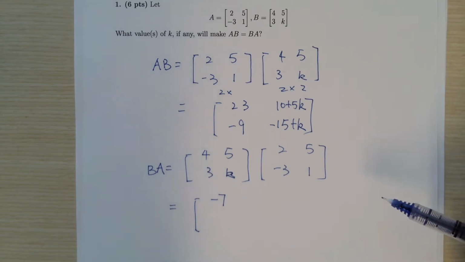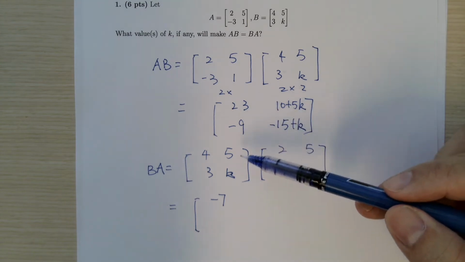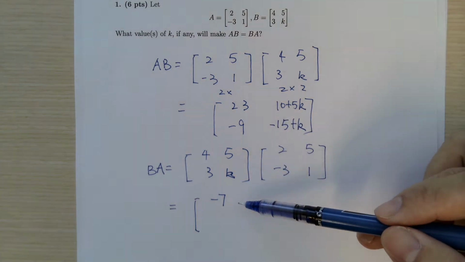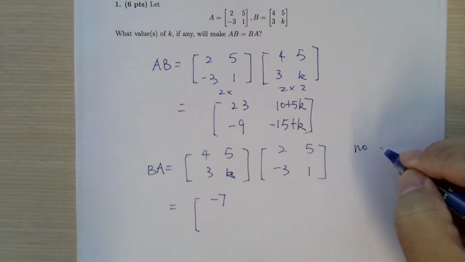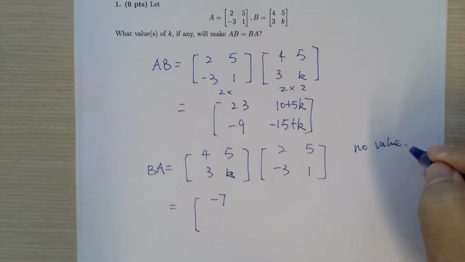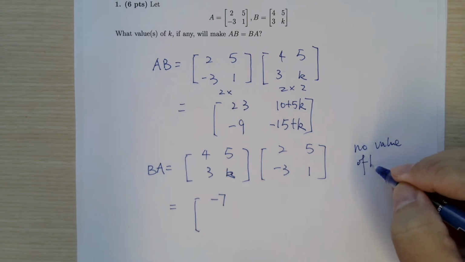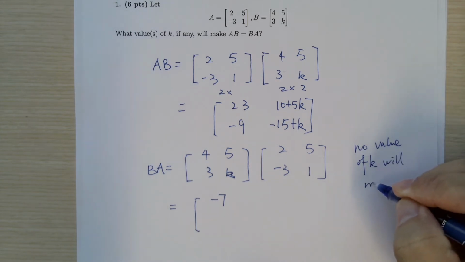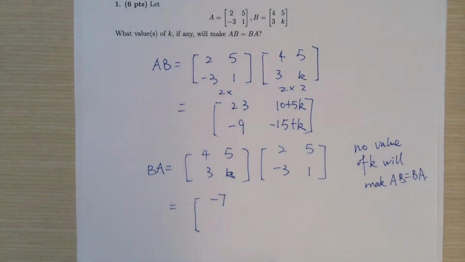But noticing that the first entry for AB does not equal the first entry for BA, it's impossible for AB to equal BA, right? So there are no values of k that will make AB equal BA. So after here we can stop.